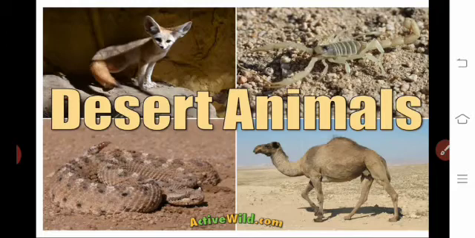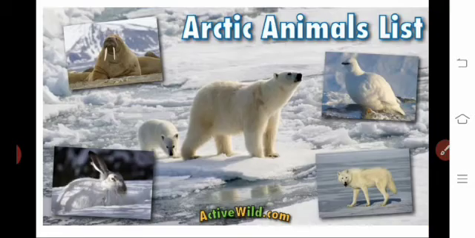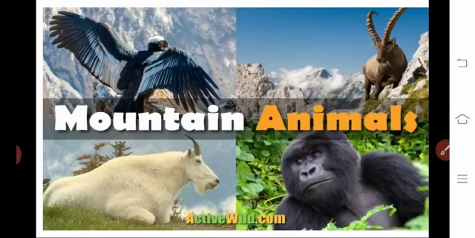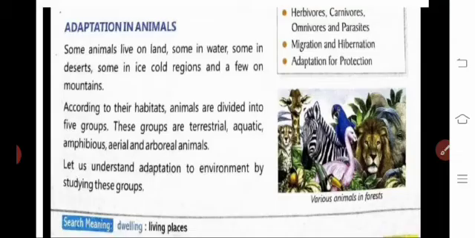Some, like the camel and fox, live in the desert. You see, polar bears are given; they all live in the Arctic, that means in ice cold regions. Those animals live in mountain places. Okay, have you understood, students?